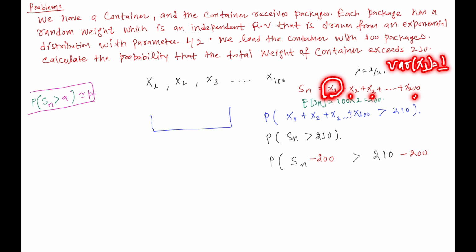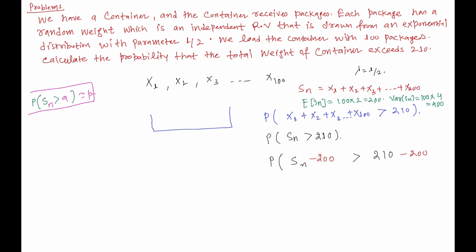We know if it is exponentially distributed, then the variance is 1 divided by lambda squared, so that would be 4, right? The variance of one random variable is 4, and all these are independent, so the variance of Sn will be, we have 100 and each has variance 4, so that will be 400, right?